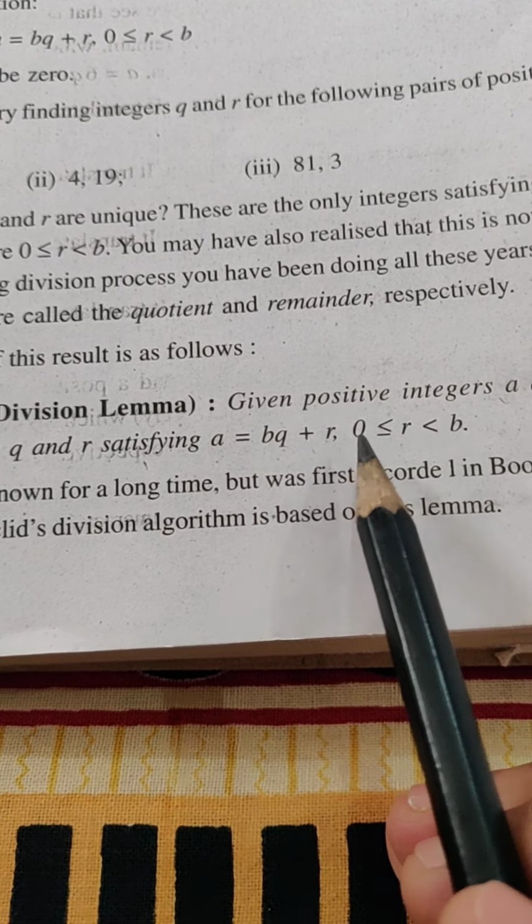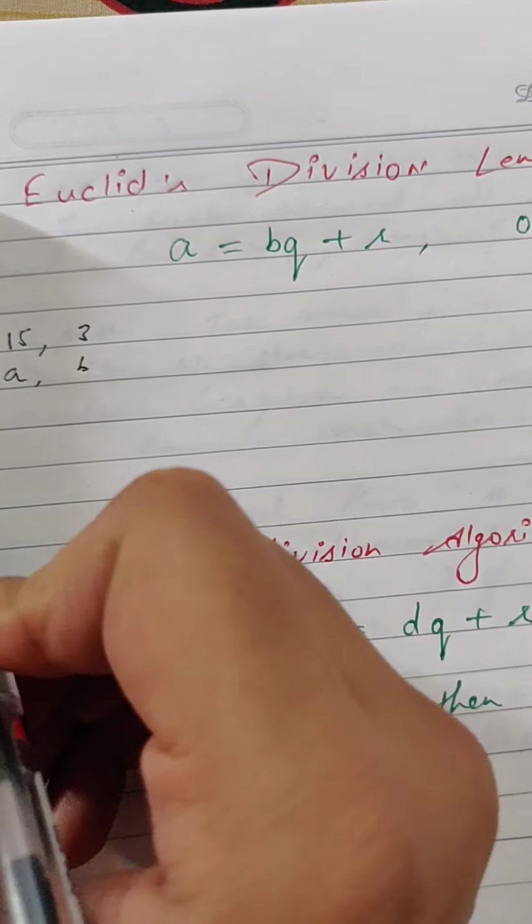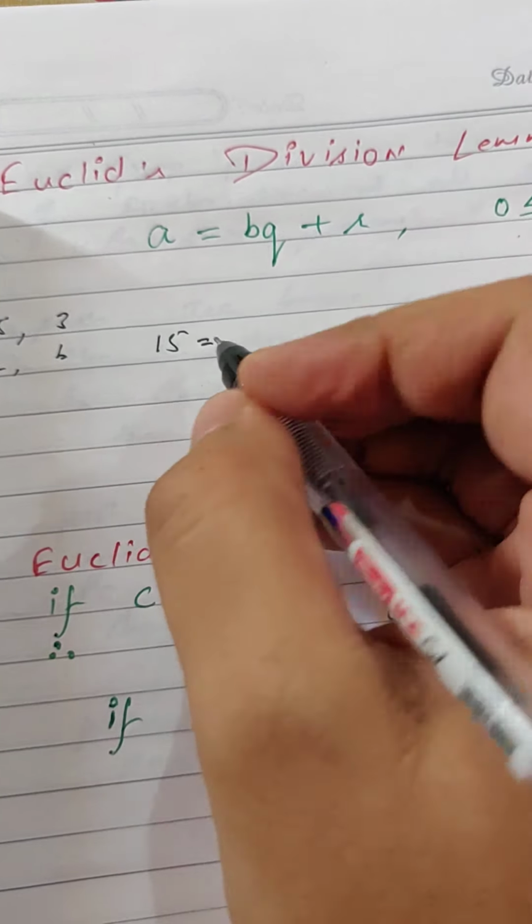Let's say 15 is to be represented, there are two numbers 15 and 3. So let 15 be a and 3 be b. So 15 can be written as 3 into 5 plus 0. What if we are taking 17 and 4?